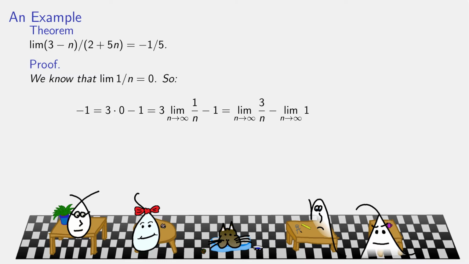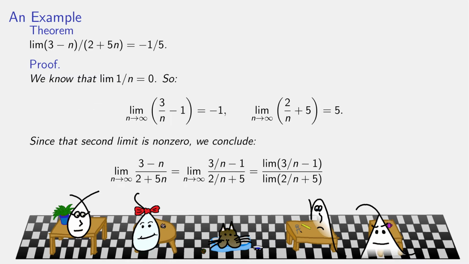So the constant 1 can be reinterpreted as the limit of the sequence, which is just 1 over and over again. But now what do we have? We have the limit of one sequence minus the limit of another, and we already know that this sequence has limit 0, and we already know that this sequence has limit 1. So since we know both of these sequences have limits, we can, in a sense, factor out this limit operator and just end up with the limit of 3 over n minus 1.